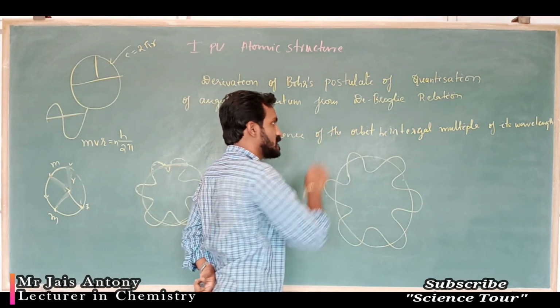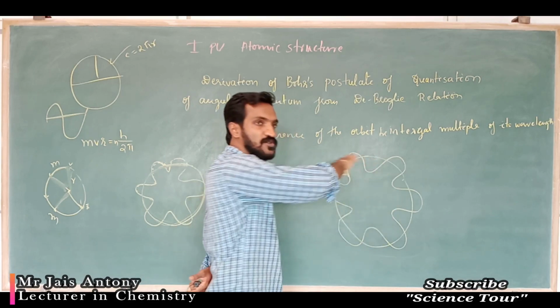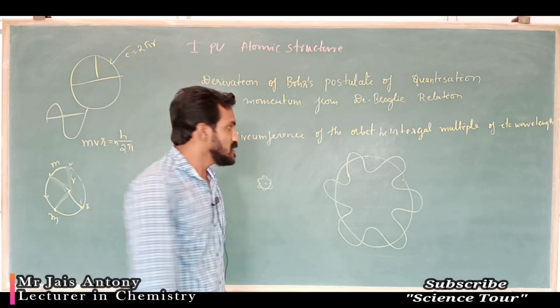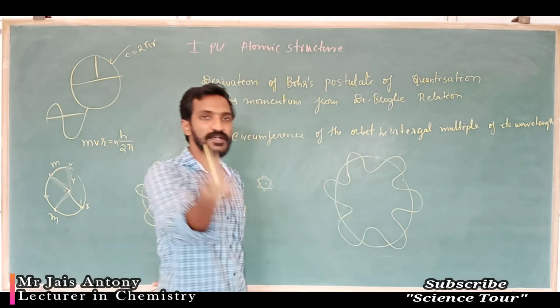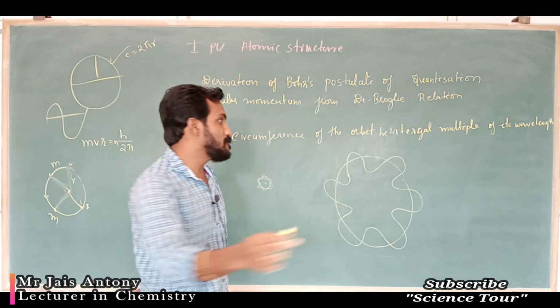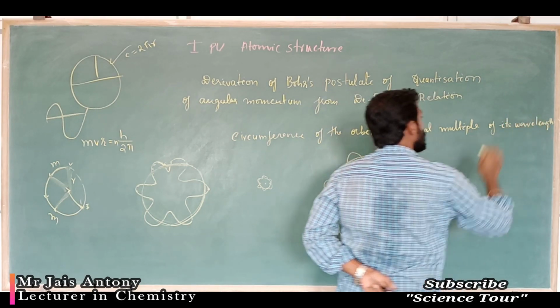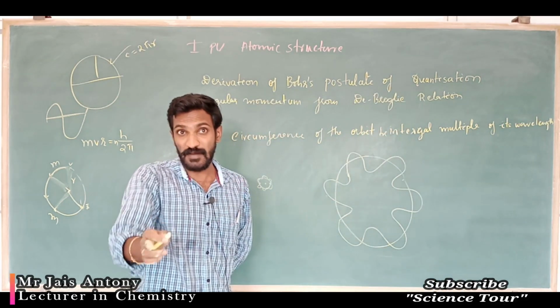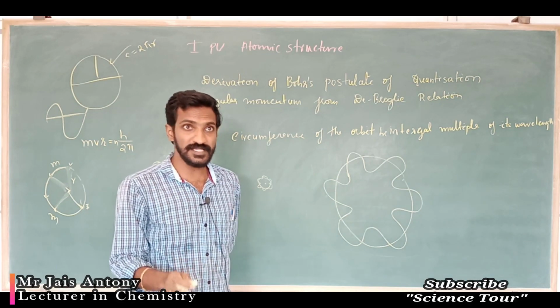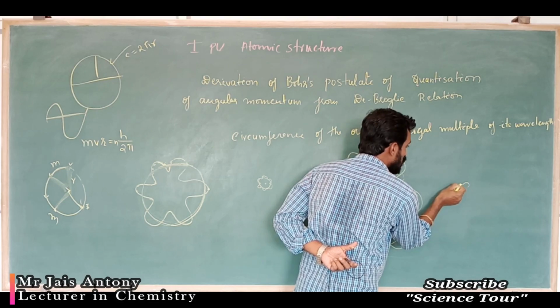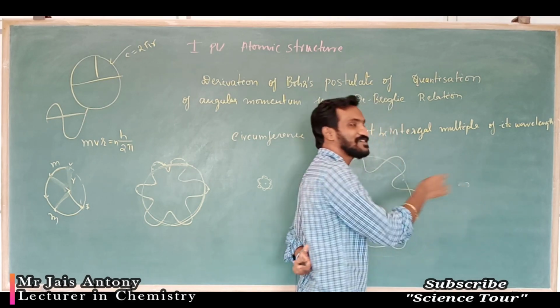The circumference of this orbit. When you consider a circle, the total space in it is called the circumference. Okay, what does that circumference depend on? It depends on an integral multiple of its wavelength. That means if only one wave is there, it is small. One wave is very difficult to draw.